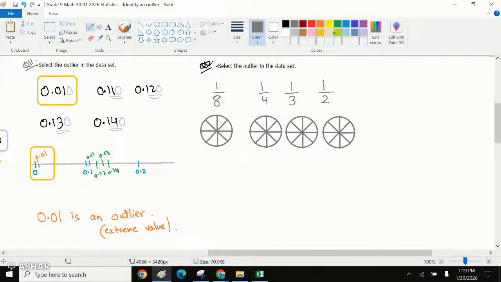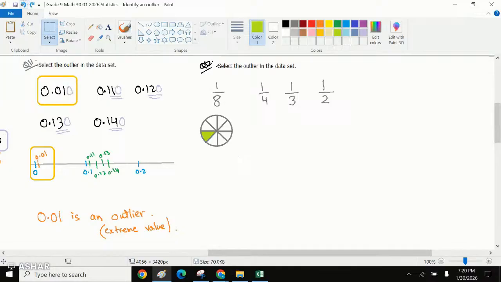So we know that 1 out of 8 would mean 1 part. 4 out of 8 means 4 parts. Sorry. Let me erase this. 1/3 means, apologies for this.